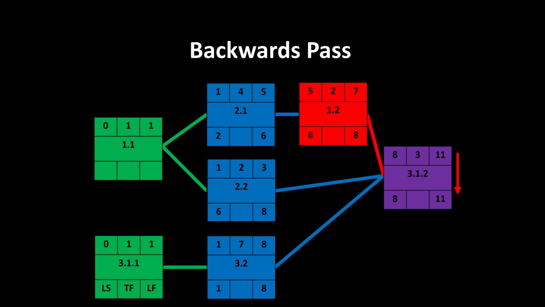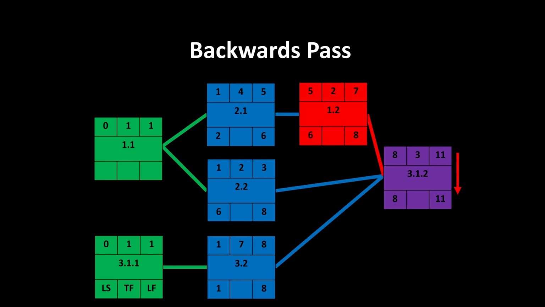So for the top box, the difference between earliest start and latest start, 1 and 2, is a difference of 1. For the middle one, the difference between the earliest start and the latest we can start is 1 and 6, so that's a difference of 5. And for the bottom blue one, the latest we can start and the earliest we can start are both 1, so there's no difference at all.